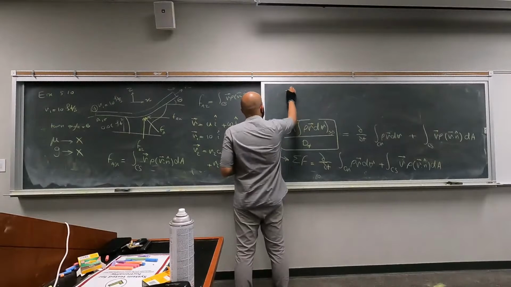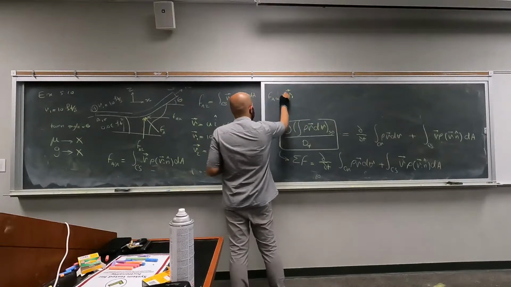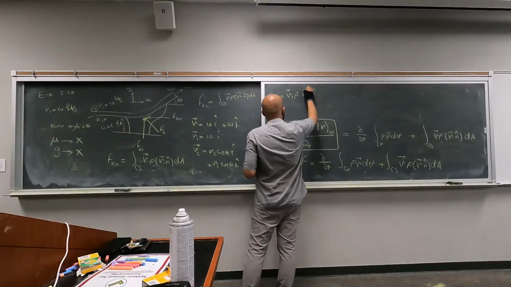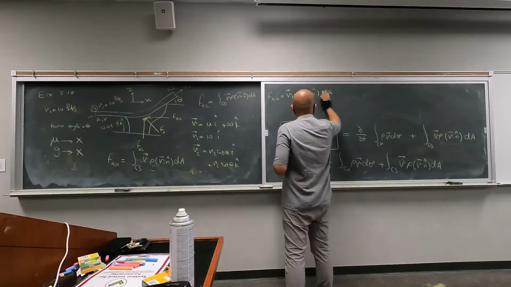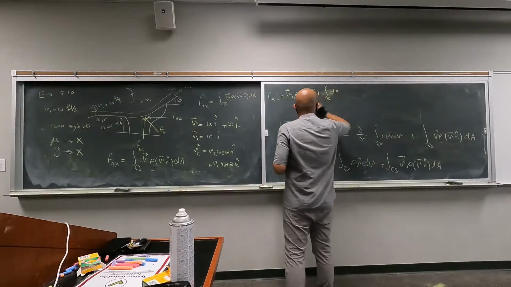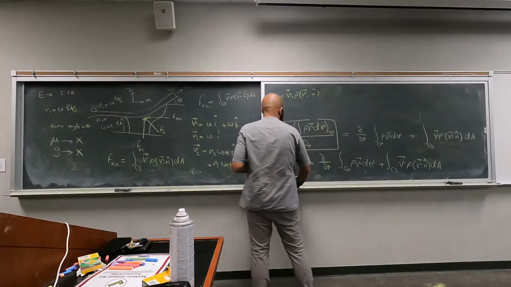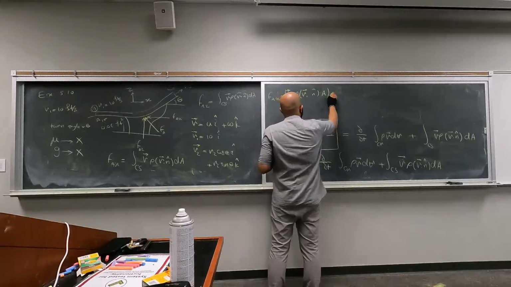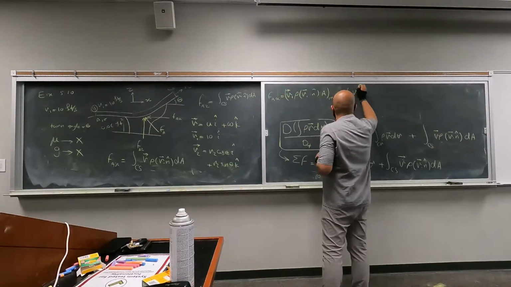So we're going to have Fax equals V1 in the x direction, rho, V normal to the surface, integral of dA, which is area, for the part that is coming into the control volume, minus V2.